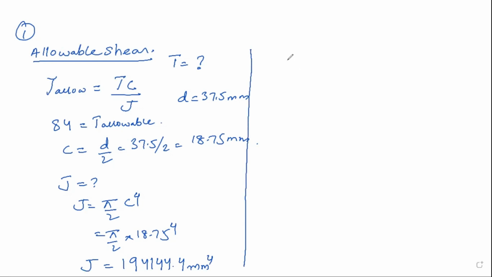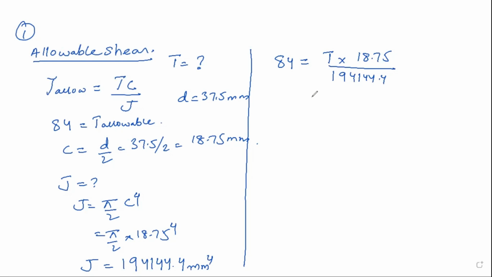Now, tau allowable 84 is equal to T into C, which is 18.75, divided by 194,144.4.